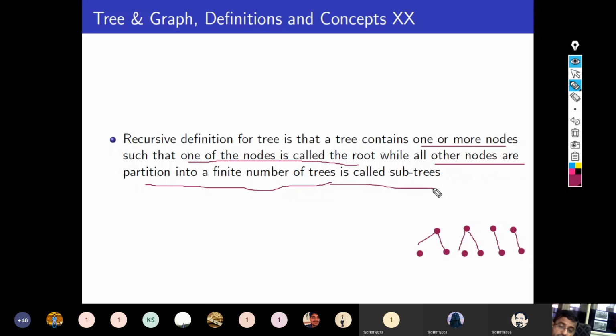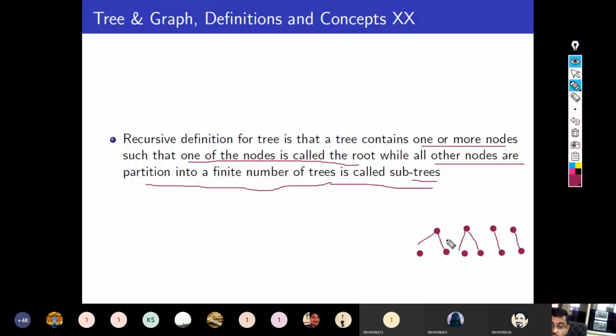So this is a recursive definition. Why recursive? Because in the definition of tree we are using the word tree, that's why. The recursive definition of tree is the tree that contains one or more nodes such that one of the nodes is called the root, while the other nodes are partitioned into a finite number of trees.